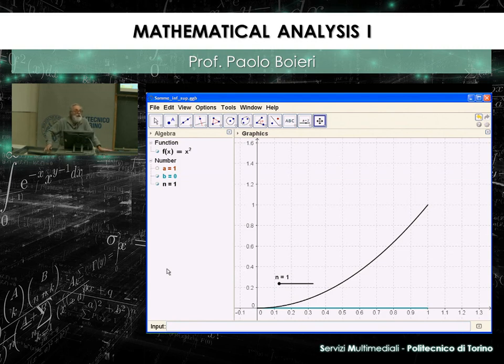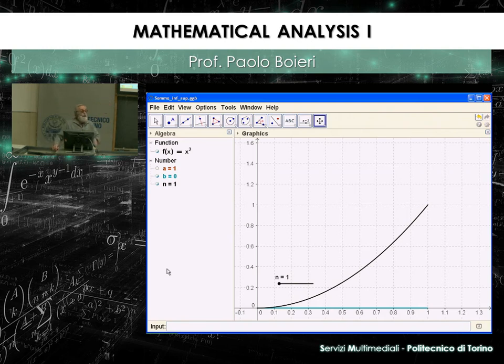Then I try to approximate this region. I don't put a color in this region because it will be confusing in the next steps. The region is below the parabola, above the x-axis, in the interval 0, 1.